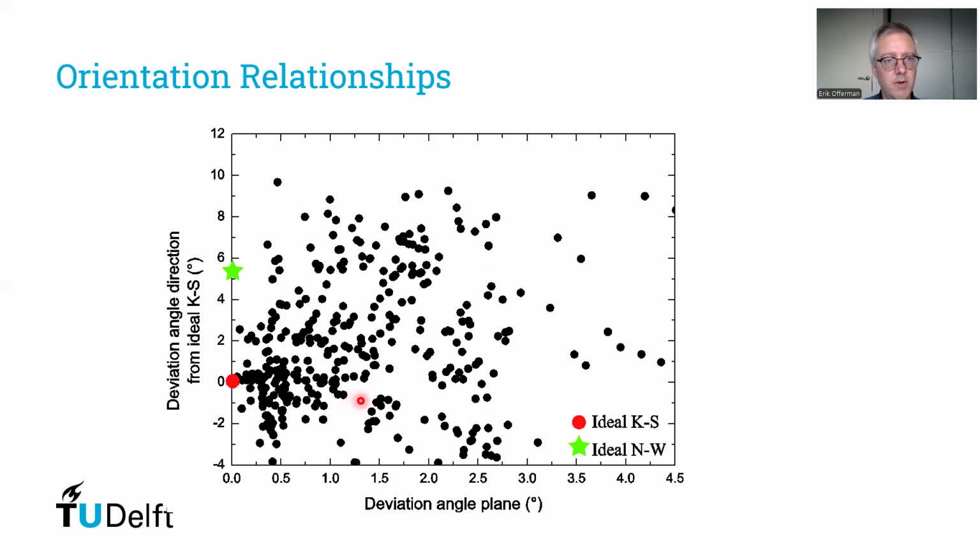Now, with the crystallographic orientation information, we also can probe what the relationships are between the ferrite and the austenite grains. And you see here the ideal KS orientation relation, and here the ideal Nishiyama-Wassermann orientation. And this is the deviation angle in the plane.